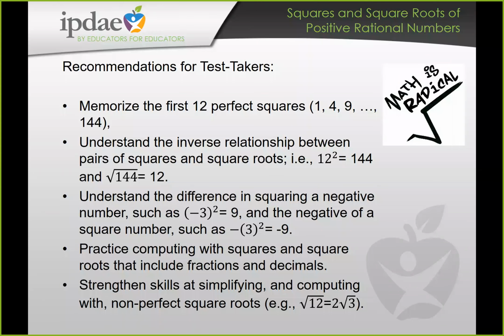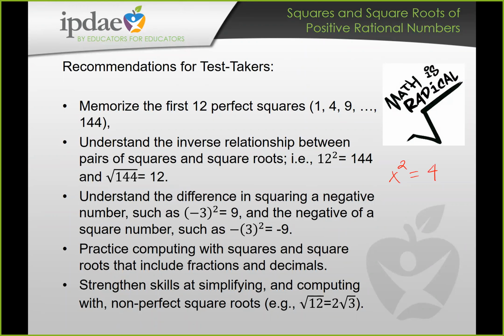Understand the relationship between squaring and square roots, okay? And this is where I'm going to get into, okay, what is the principal square root? Then the square root, if an operation in an equation, let's say, for example, x squared is equal to 4.